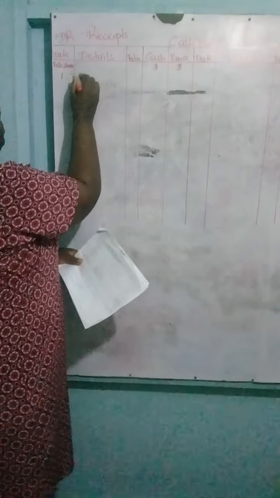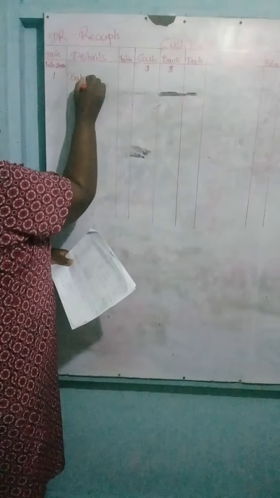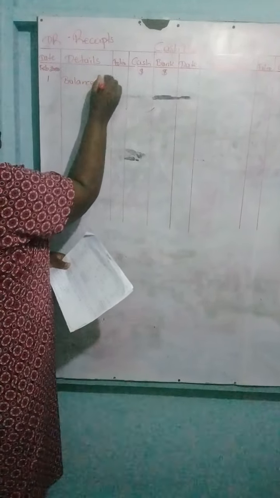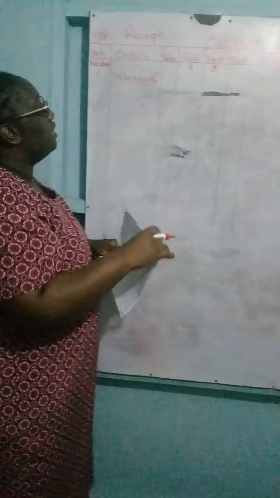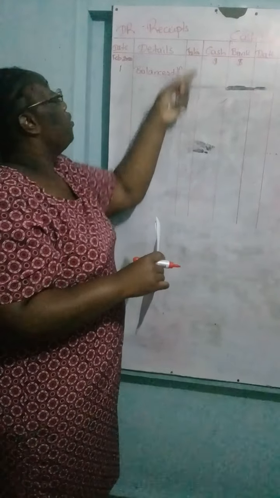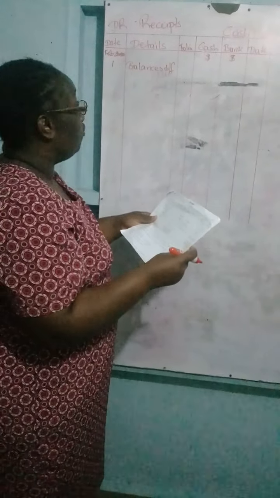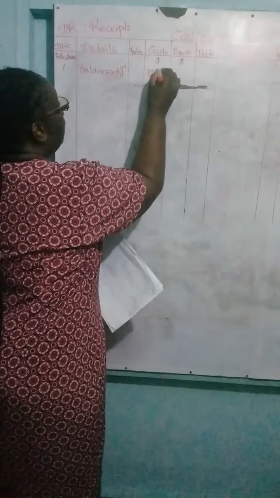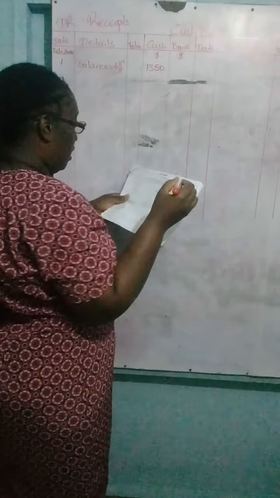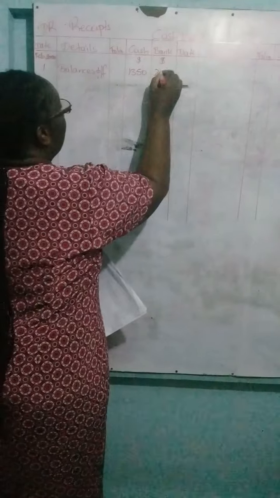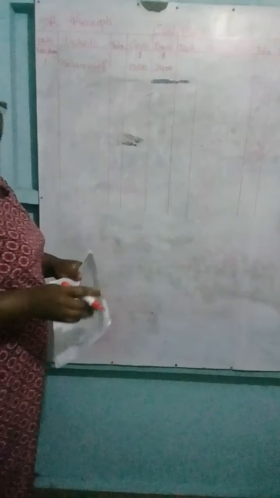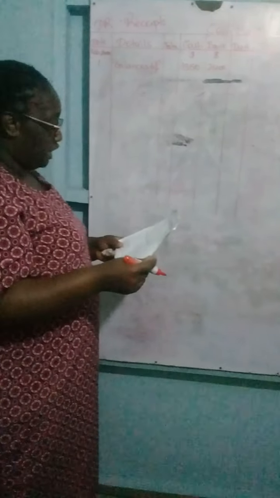We have the first, we have balances, and it's BF because this amount is coming from the previous month, which would have been January. So we have for cash, $1,350, and for bank, $2,400.